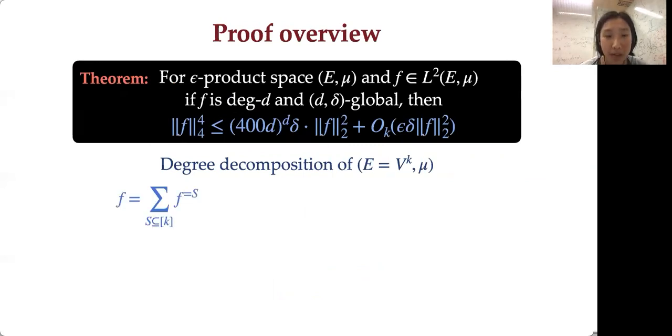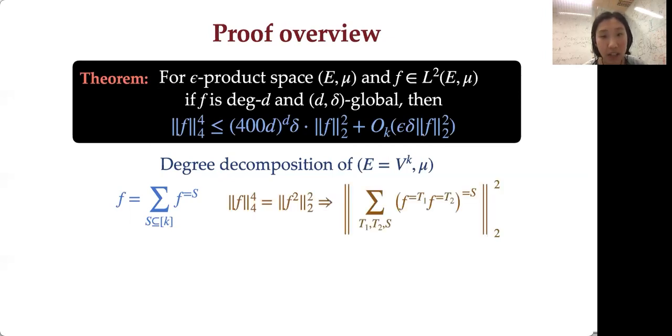We decompose f into a sum over S of f equal to S, where S is a subset of the set of all random variables 1 through k. And we further note that we can rewrite the fourth moment of f to be the second moment of the function f squared.